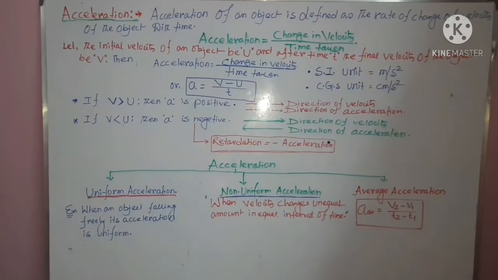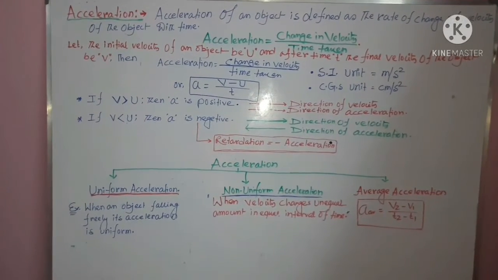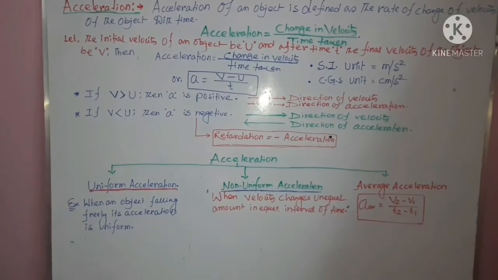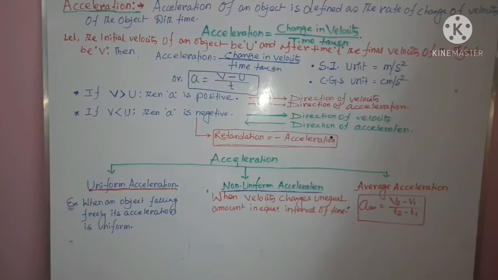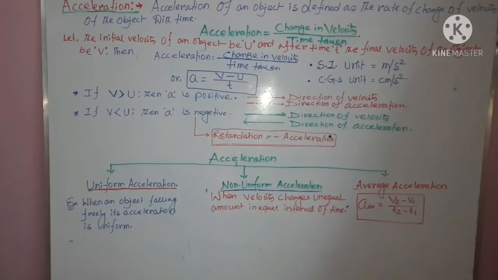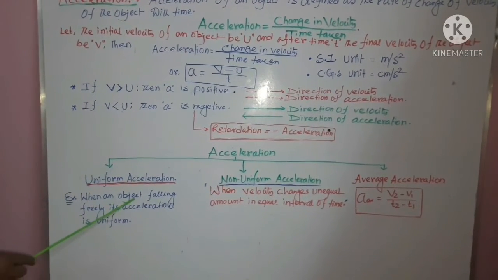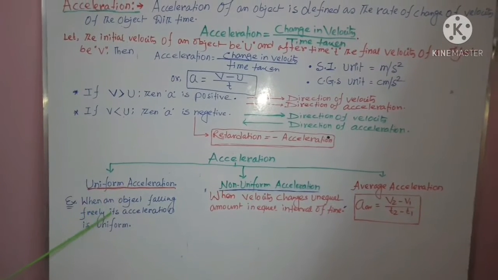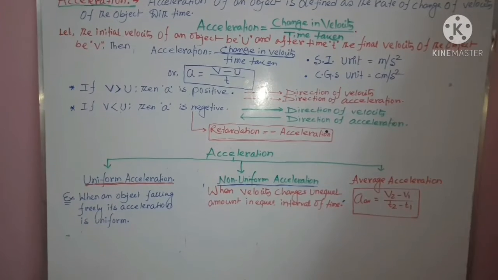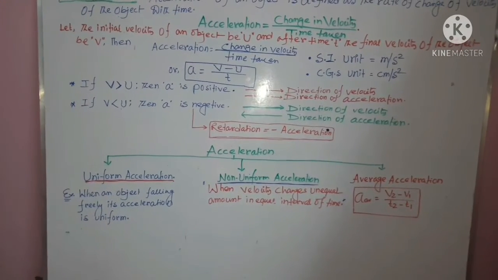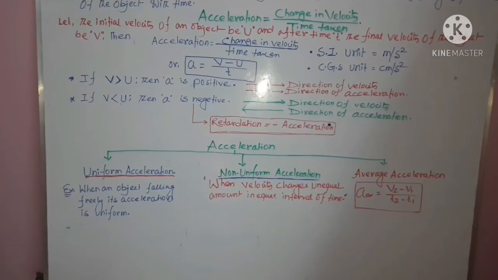Whenever the velocity of an object changes by an equal amount in equal intervals of time, then the acceleration of the object is said to be uniform acceleration. What is the example? When an object is falling freely, its acceleration is uniform.